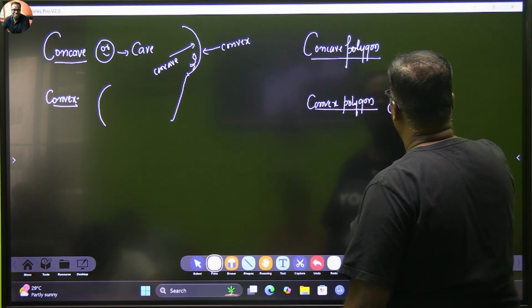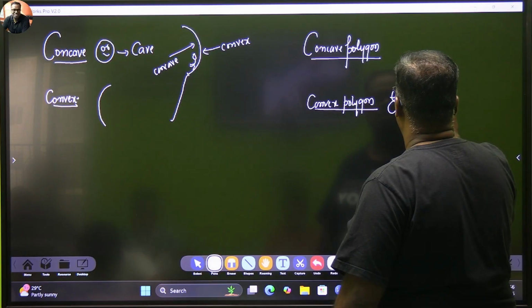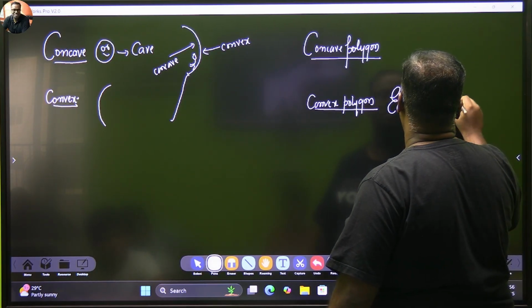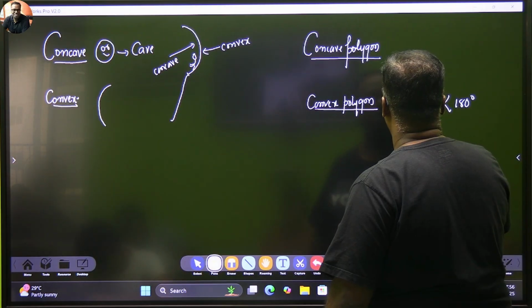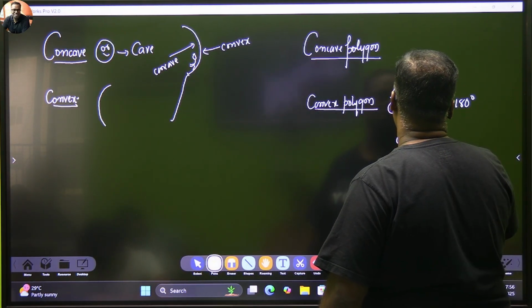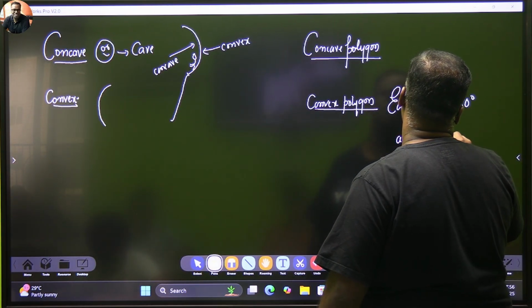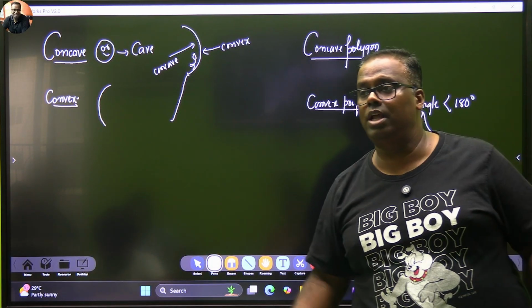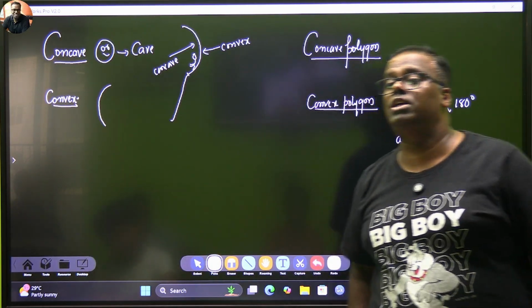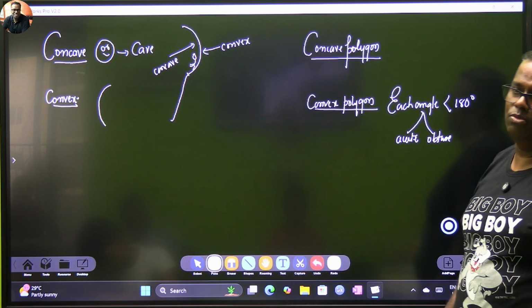Each angle is less than 180 degrees. That means, children, the angles can be either acute or obtuse. They can even all be obtuse. For example, a regular hexagon, what is the internal angle?